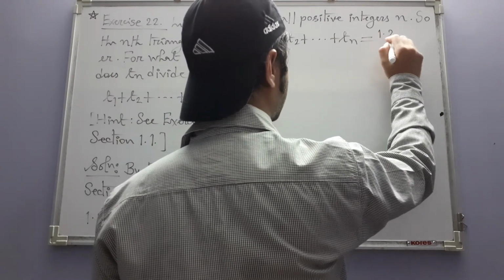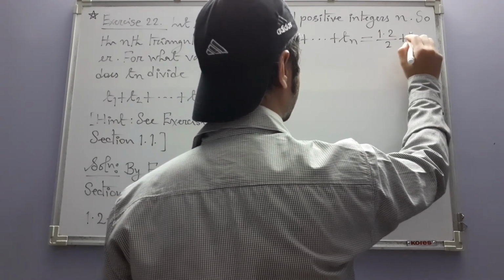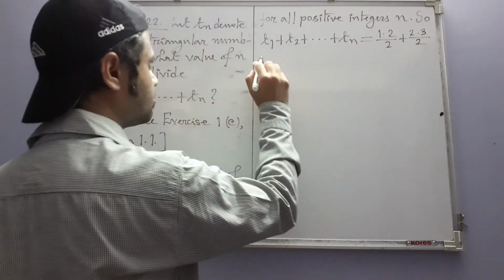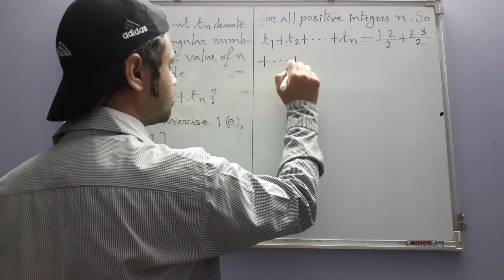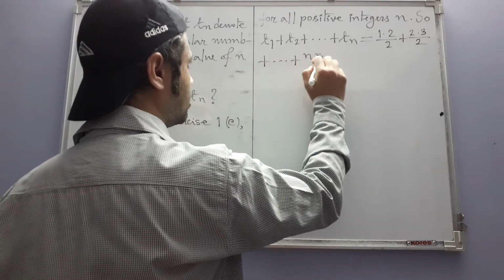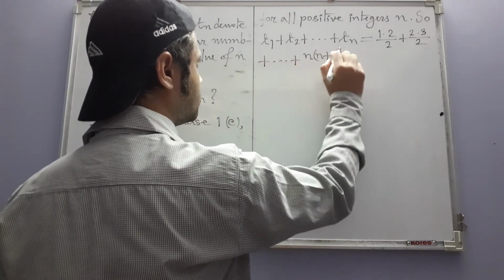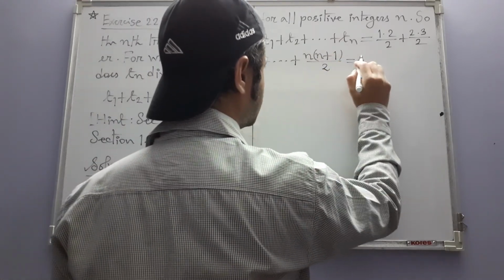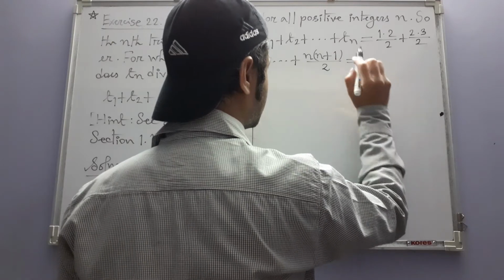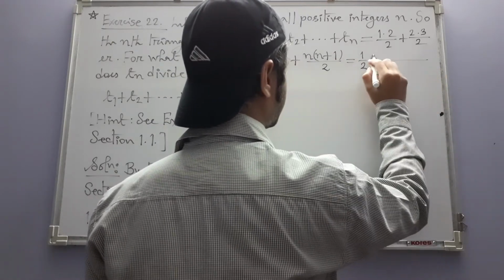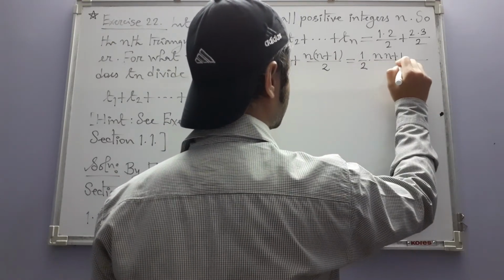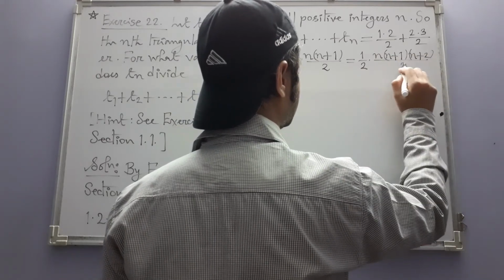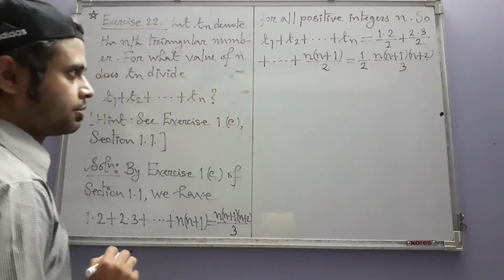equals 1 times 2 divided by 2 plus 2 times 3 divided by 2, up to n times n plus 1 divided by 2. So it is 1/2 of that, n times n plus 1 times n plus 2 divided by 3.